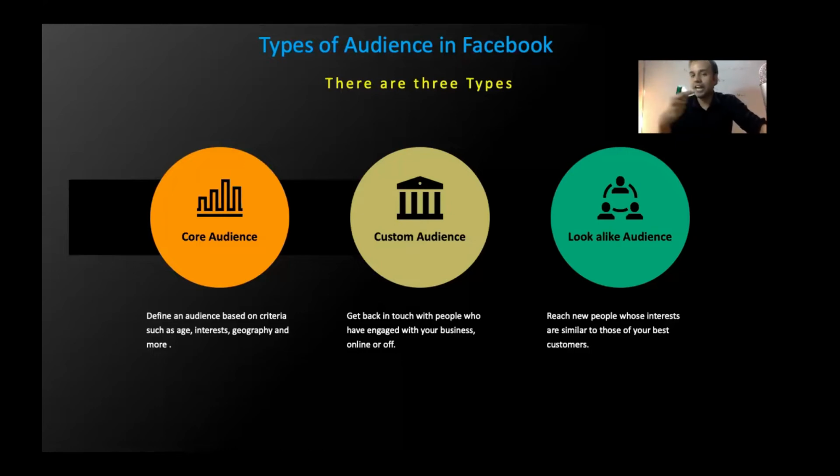So think about that. If you're showing your ad to those kind of people, you have their email ID, so you are also sending them email. It depends on how many people are opening your email, maybe a 20% or 30% open rate. And again, you are also targeting via Facebook ad.